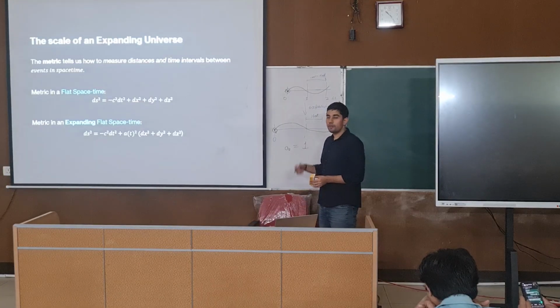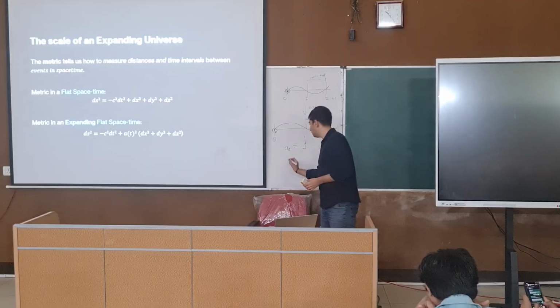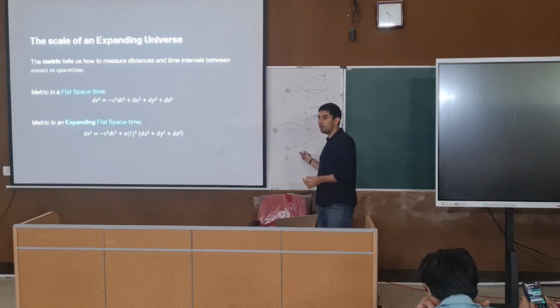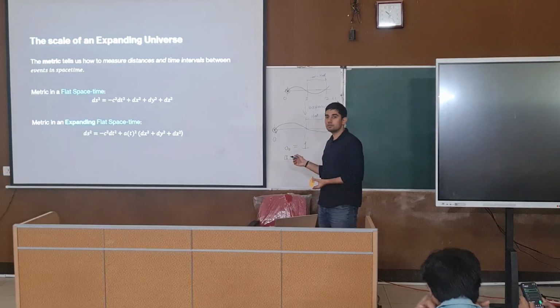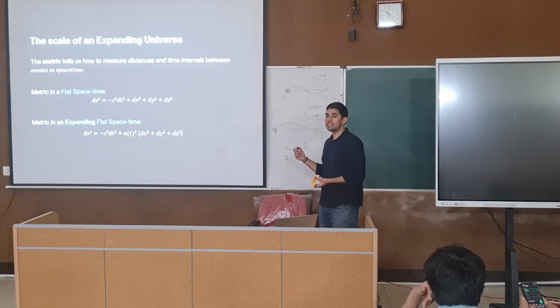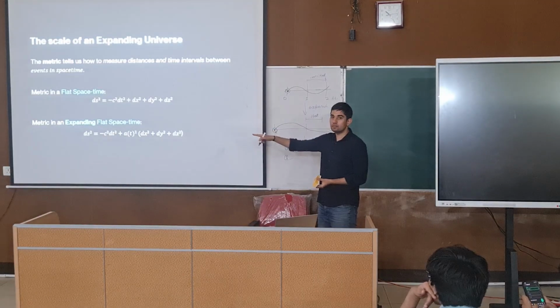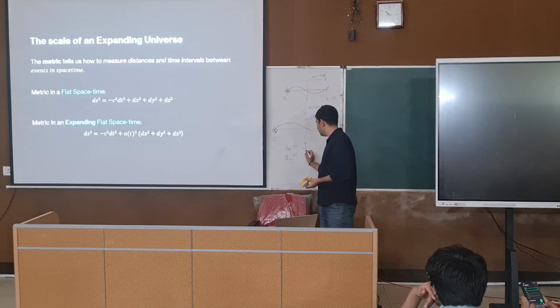So if I am looking at a time before, will A be less than 1 or greater than 1? Were the distances smaller in the past, or were they larger? Smaller, right? So that means A must have been smaller than 1.